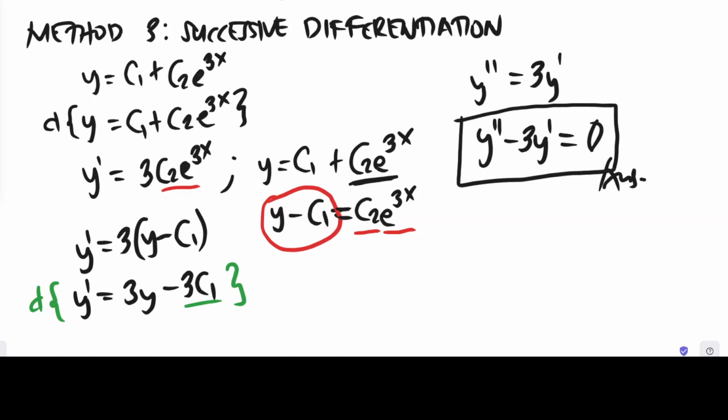So that's what I'm talking about when I said we can apply both substitution and isolation in the third method, successive differentiation. So this is for method number 3. To spoil, we have 5 methods here for the elimination of arbitrary constants. So see you on the next video.